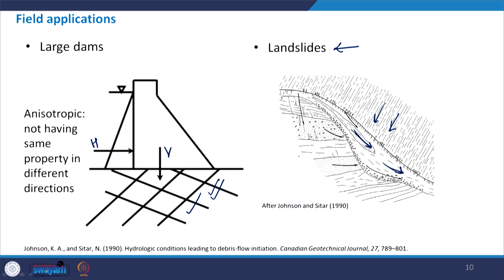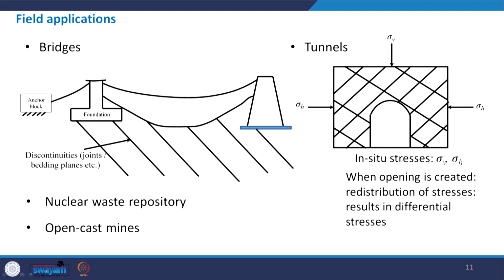So that is also one of the applications of rock engineering. Then you have the construction of bridges which may be founded on rock masses having various discontinuities in the form of joints or bedding planes. So this is another application area.